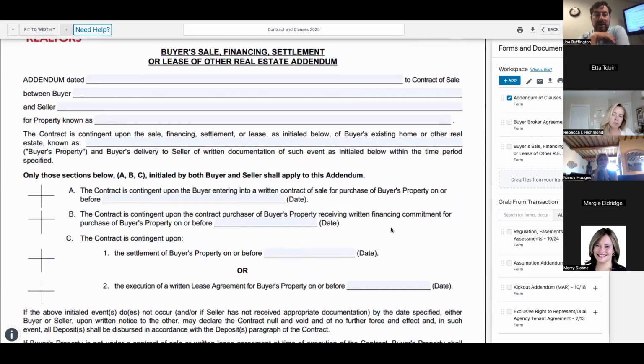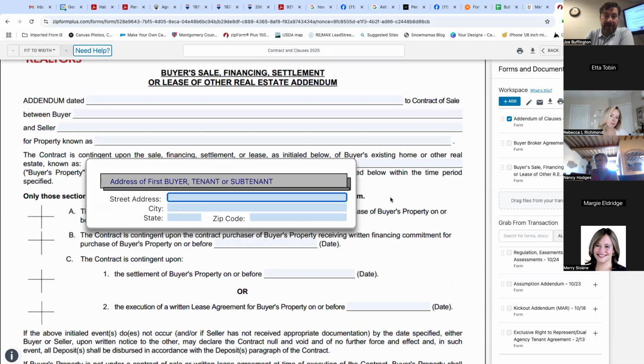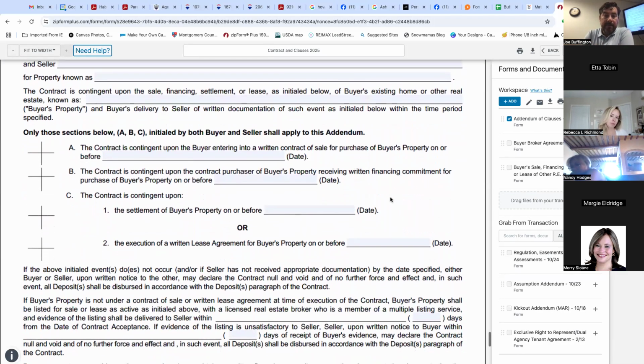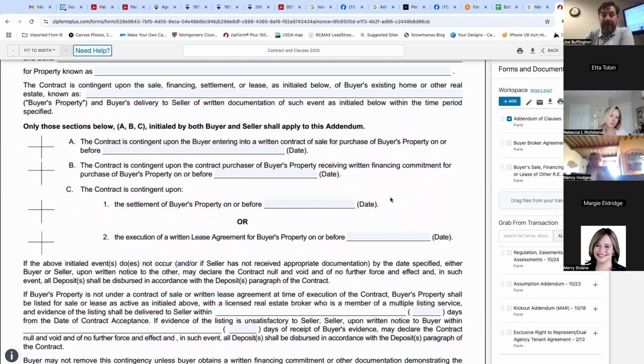There's just not as much information in this, so there are some holes in this. First big thing is, obviously you're going to note the property address right here. What's the property address? The contract is contingent upon entering into a contract.